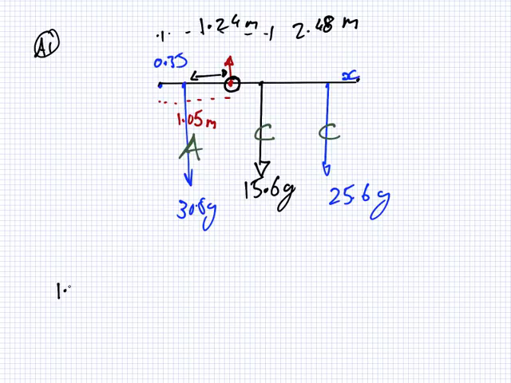We know it's 0.7. Yeah, 0.7. We all know this. 30.8 G. That should equal, now what's this distance? Let's see. 0.19.